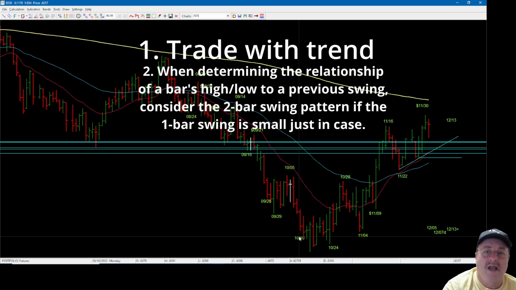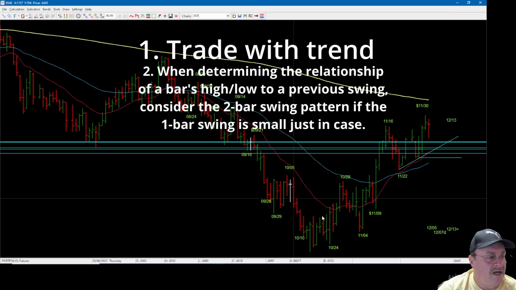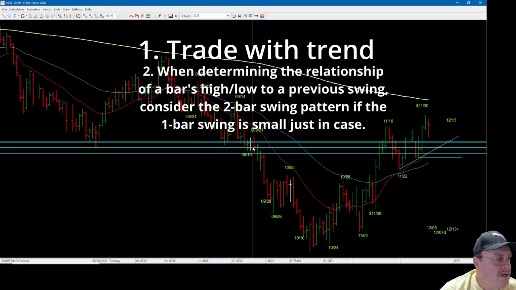You may still be able to take that swing if it's a lower top or a higher bottom, if it conforms to the trend, but on the 2 bar swing pattern. Don't go to 3 bar, that's now getting too far. But 1 bar or 2 bars, you can see how that was effective in 2 cases here.